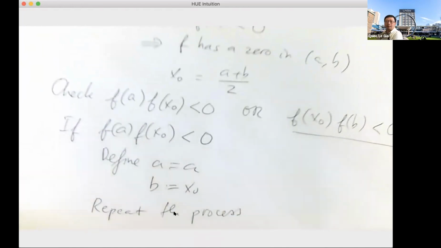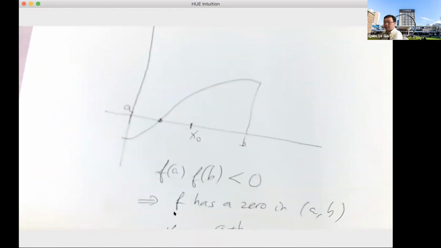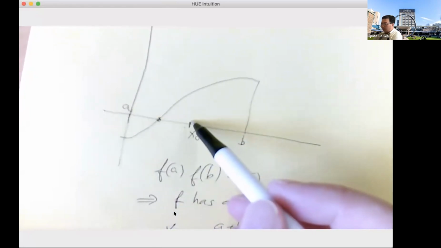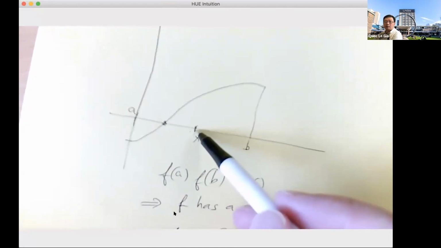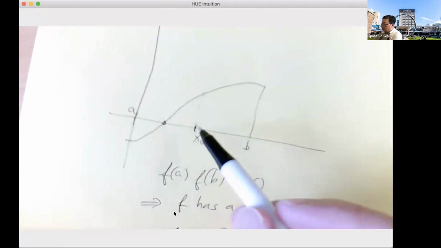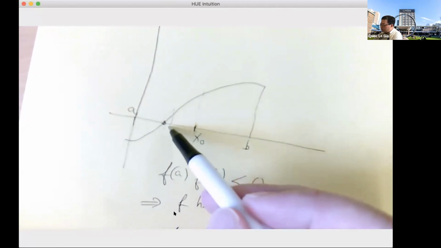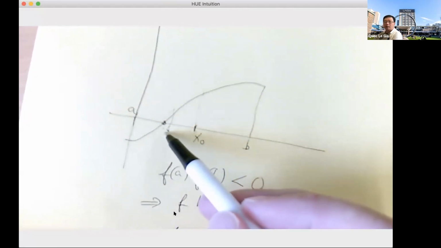So you see that for the next step, you have f(A) and f(x0) with different signs. Then you try to find the middle point. So the middle point now may be somewhere very close here.